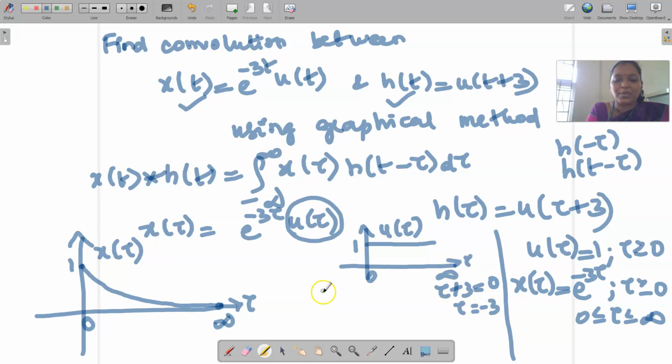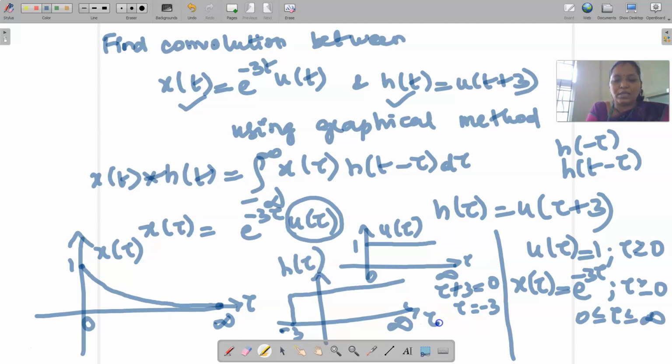So 0 plus minus 3 will become minus 3, and infinity plus minus 3 will become infinity. So your u of tau plus 3 will get left shifted. You will get a left shifted signal like this. This is nothing but u of tau plus 3, which is h of tau. So h of tau has amplitude 1 for minus 3 to infinity.